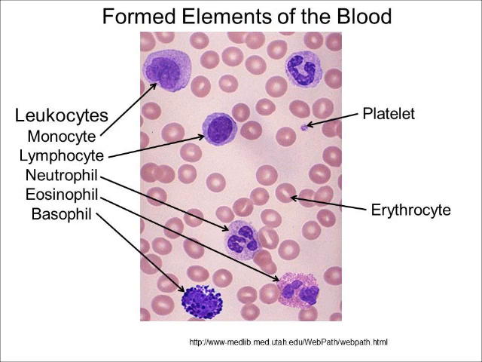You should also note that their nuclei are highly lobulated, and for this reason they are also known as polymorphonuclear leukocytes, or polys for short. This term particularly applies to the neutrophil.